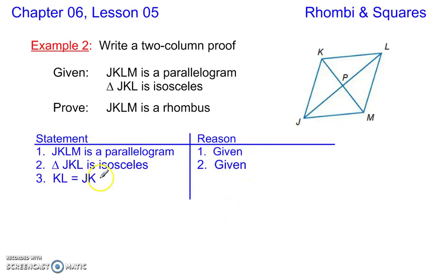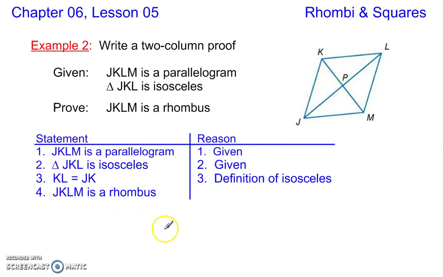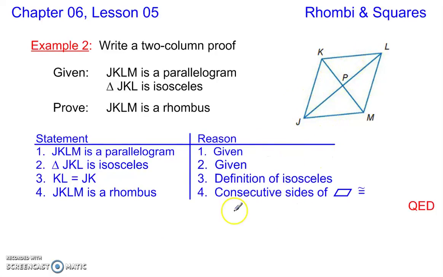We know that KL is equal to JK because we know this is an isosceles triangle. That's the definition of an isosceles triangle, that these two would be congruent. Therefore, we know that JKLM is a rhombus because consecutive sides of a parallelogram are congruent.